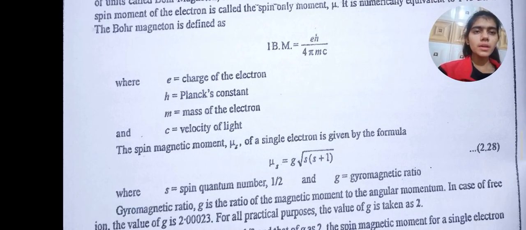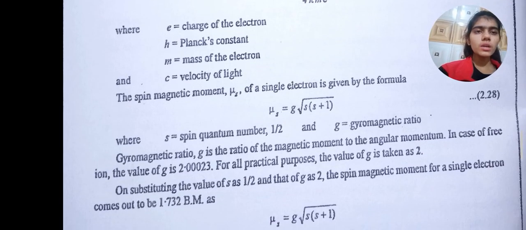The spin magnetic moment μs of a single electron is given by the formula μs is equal to g under root s into s plus 1, where s is the spin quantum number and g is the gyromagnetic ratio. Gyromagnetic ratio, g, is the ratio of the magnetic moment to the angular momentum. In case of a free ion, the value of g is 2.00023.